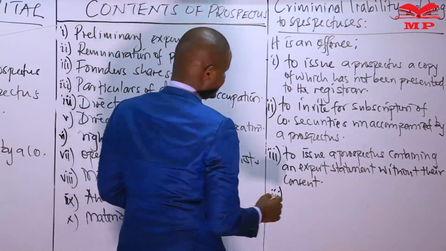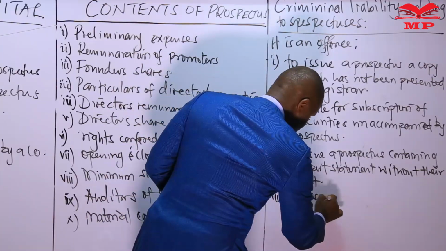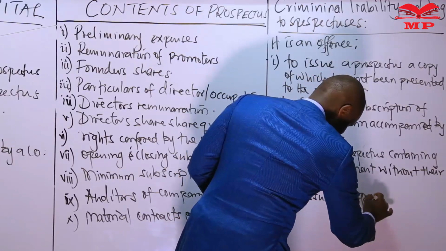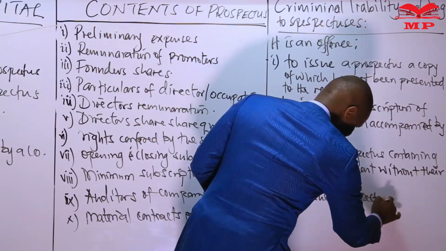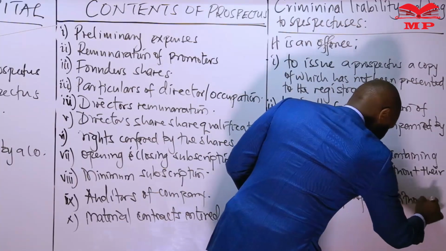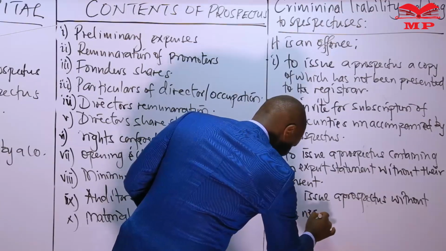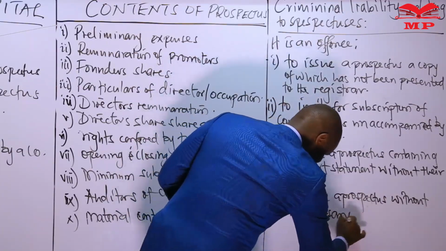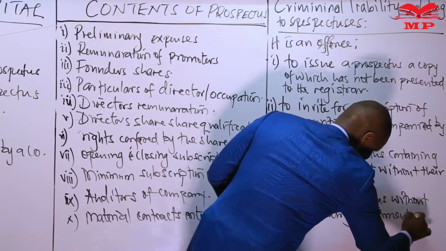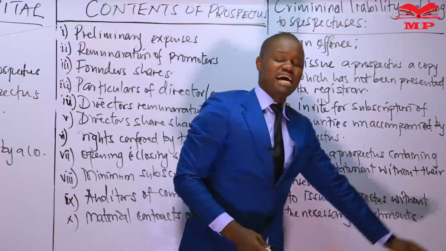The other offense is that it is going to be an offense to issue a prospectus without the necessary attachments or endorsements or annexures, as we call them.